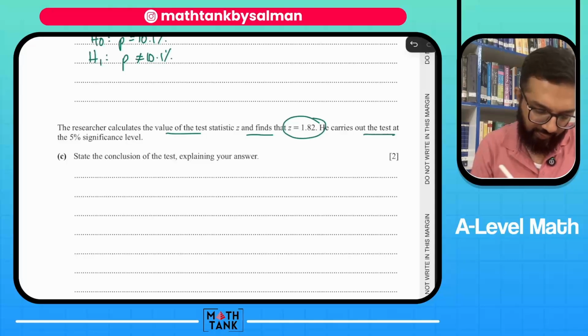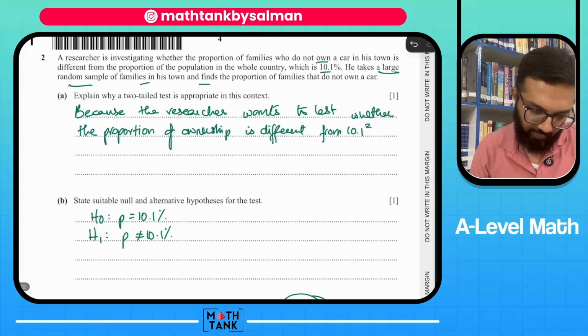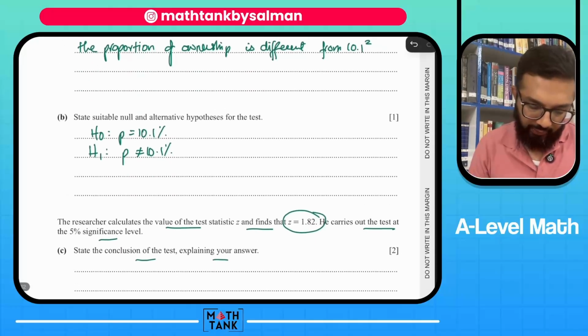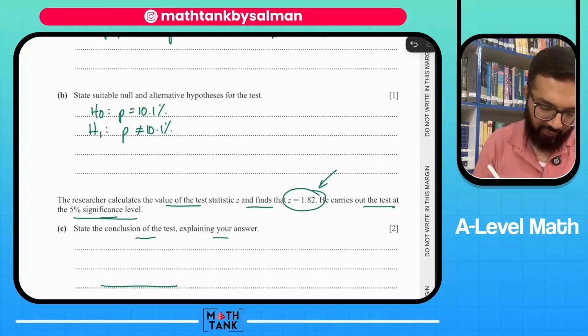State the conclusion of the test, explaining your answer. So his Z statistic is 1.82. The significance level is 5%, which means that both sides have 2.5%.